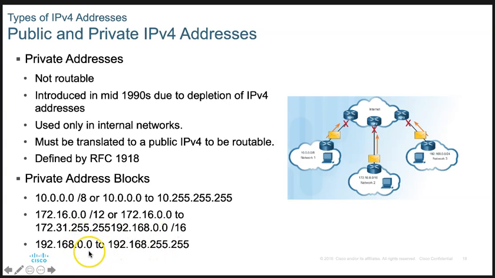Finally, you guys are familiar with this one. This is one that you see a lot, and we use it a lot of times: 192.168.0.0 to 192.168.255.255. This is known as NAT, or PAT, and that's what your home router uses.